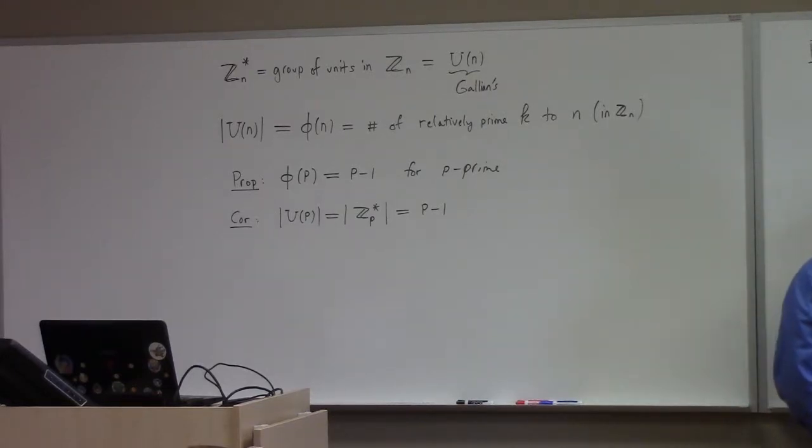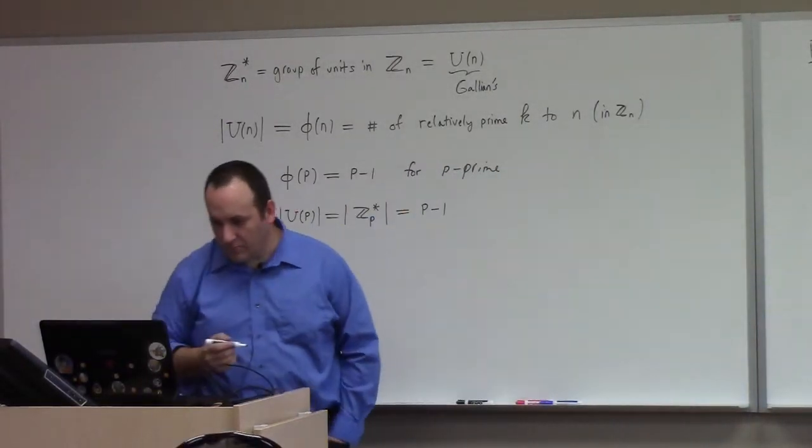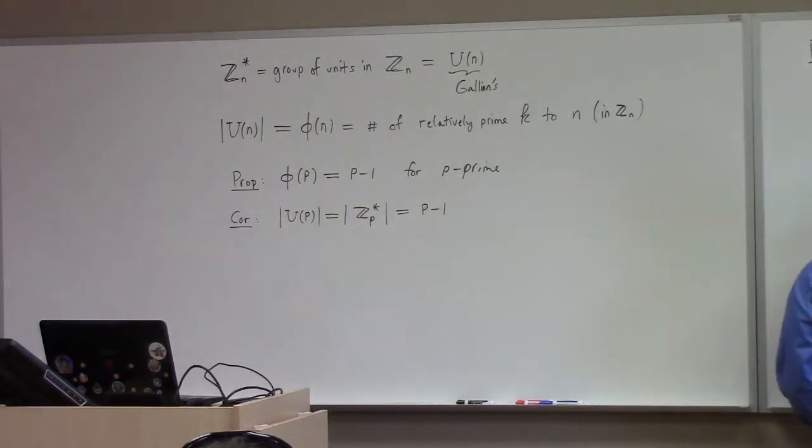You just told me, Sam, what was it? P times p minus 1? I think it's p to the k minus p to the k minus 1.